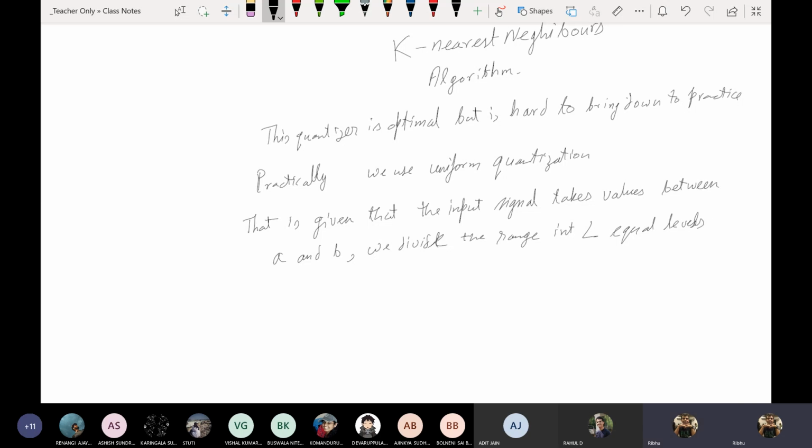Or rather, because I've used A and B, let's use, say, M. Even simpler, minus M and M. We divide the range into L equal intervals.